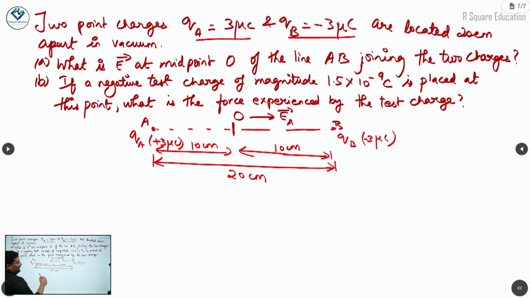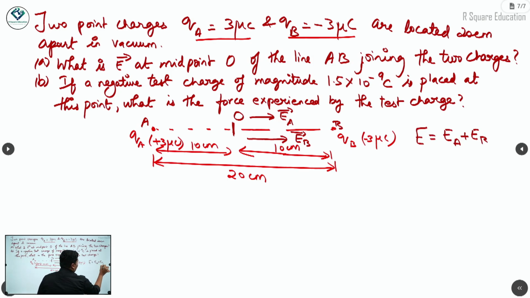And in the case of minus 3, it will move towards B, correct? Because a negative charge, it will move towards the charge, and a positive charge, it will move away. So you can see at this point O, both the electric fields are in the same direction. So can I say E is going to be EA plus EB? Because they both are going to be in the same direction.